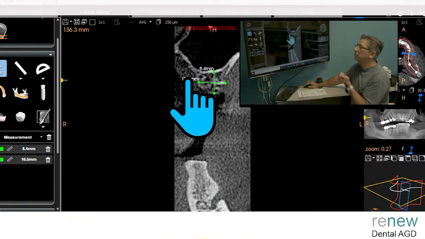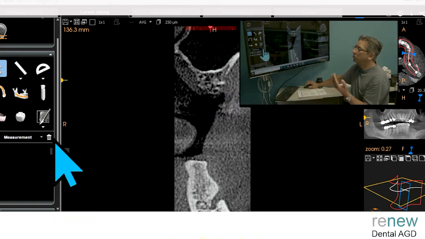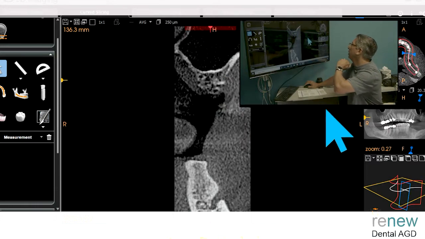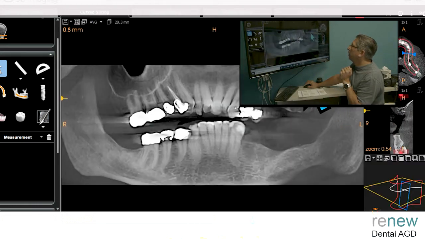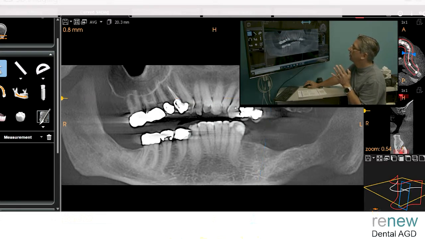Do a little sinus bump. That's less than 2 millimeters into the sinus, so I wouldn't have any problems just not charging the patient, just doing a sinus bump in that particular area. That would be there. Let's see. That's actually closer to 30. No, that's 14, yeah. So that works out pretty well for the patient.